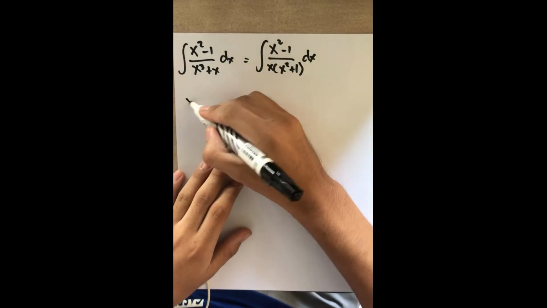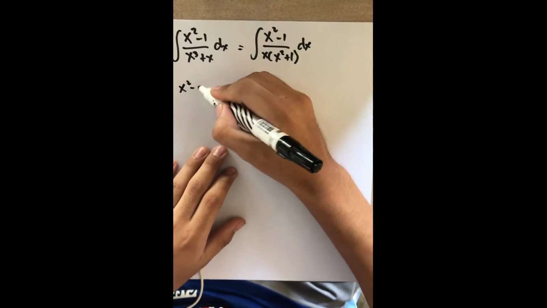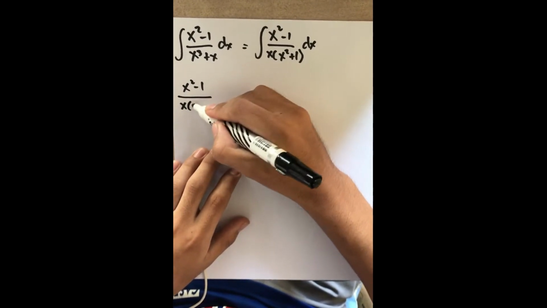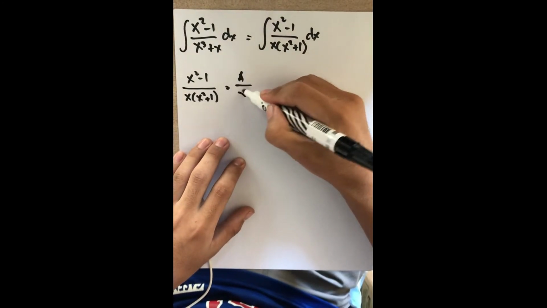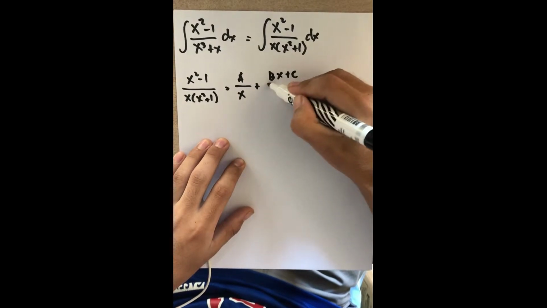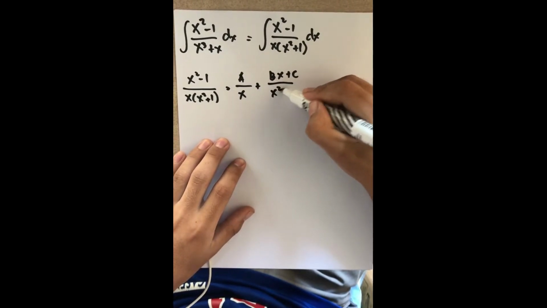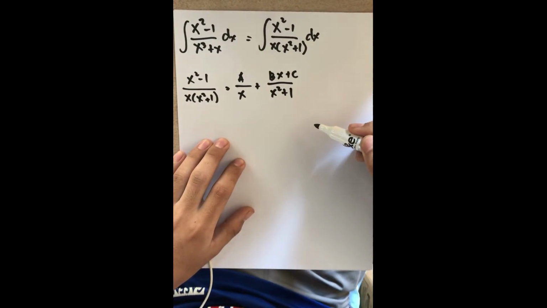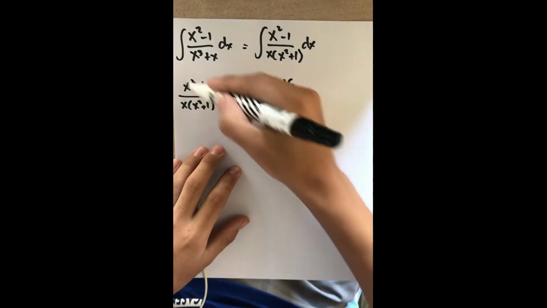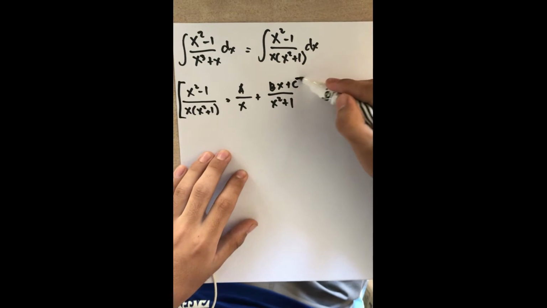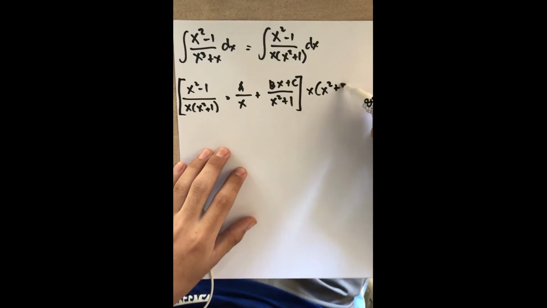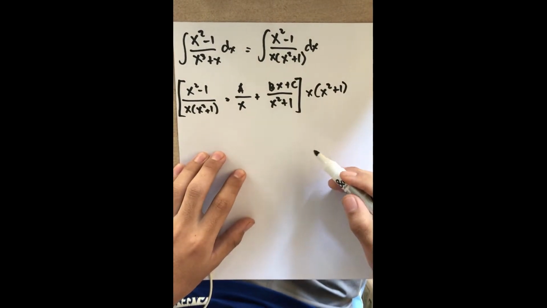So x squared minus 1 over x times (x squared plus 1) is equal to a over x plus (bx plus c) over (x squared plus 1), because x squared plus 1 is of the second degree.